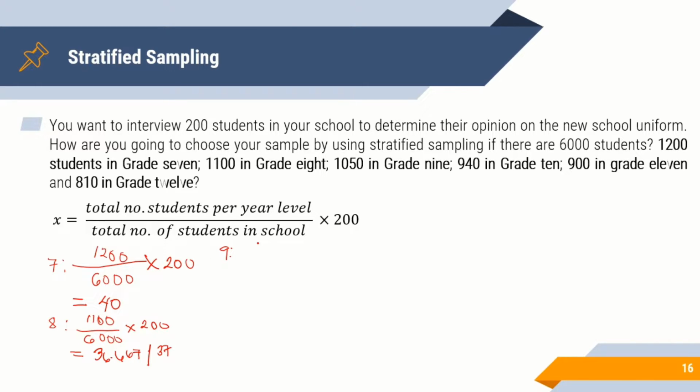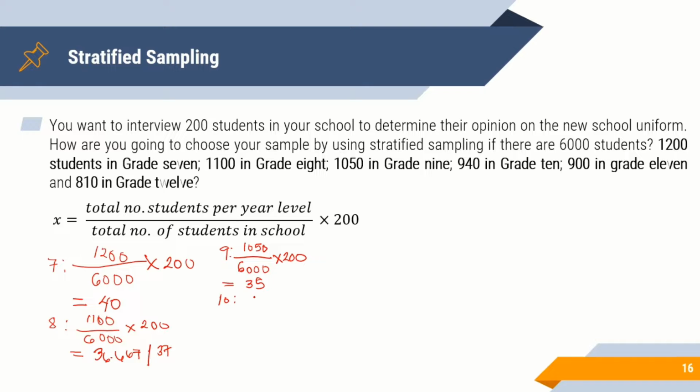For grade 10, we have the total number of students in grade 10, which is 940, divided by 6,000 times 200, and we get 31.333 or 31.